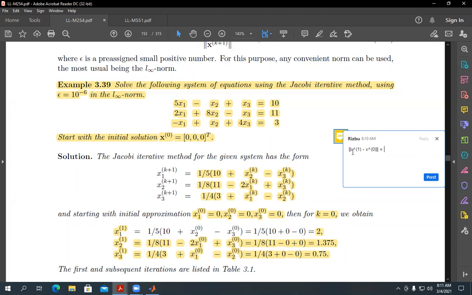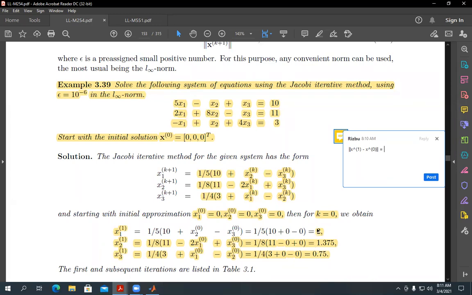What is the difference between x1 and x0? First of all, you tell me. The difference is this minus 0, this minus 0, this minus 0, right?